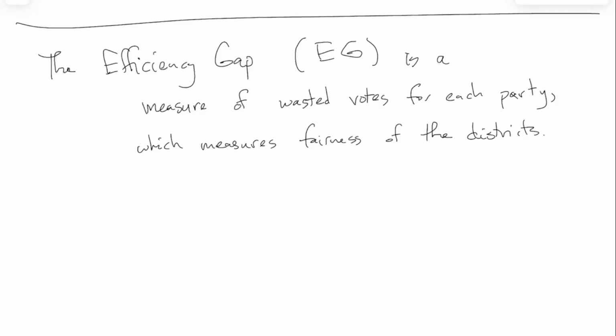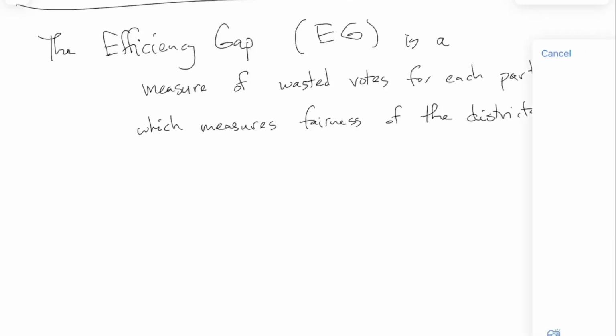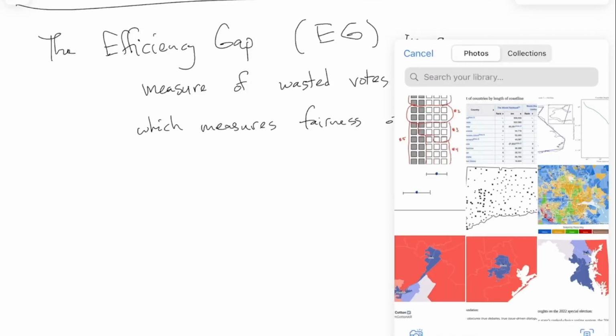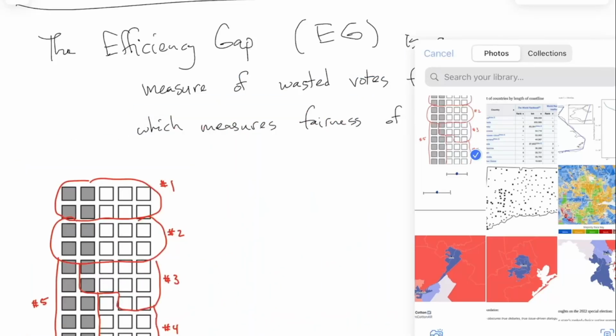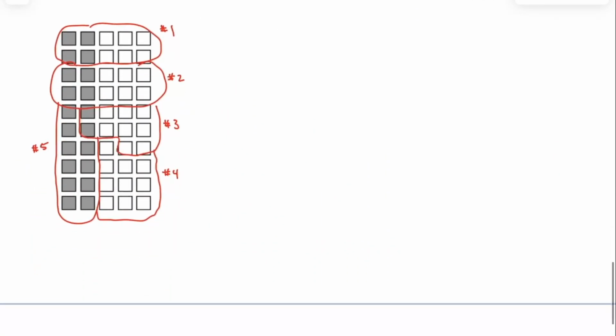And it's not hard to count up the efficiency gap, and that's what this example I want to use to do that. And then we'll do a slightly more interesting looking one also. All right, so here is what you have on the handout. Let's measure the efficiency gap for these districts.